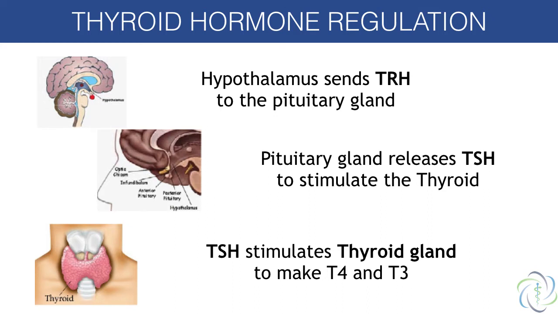So the TSH, once it is received at the thyroid gland, will stimulate the thyroid gland to make thyroid hormones T3 and T4. This process is regulated by the hypothalamus in the brain using the pituitary as the intermediary. And normally the thyroid follows the directions it gets from above.